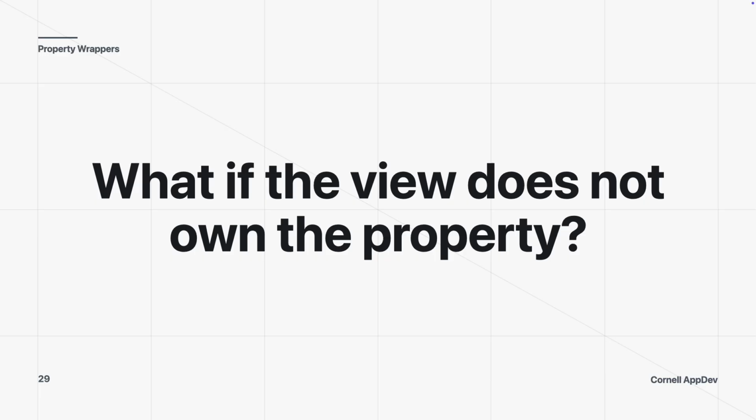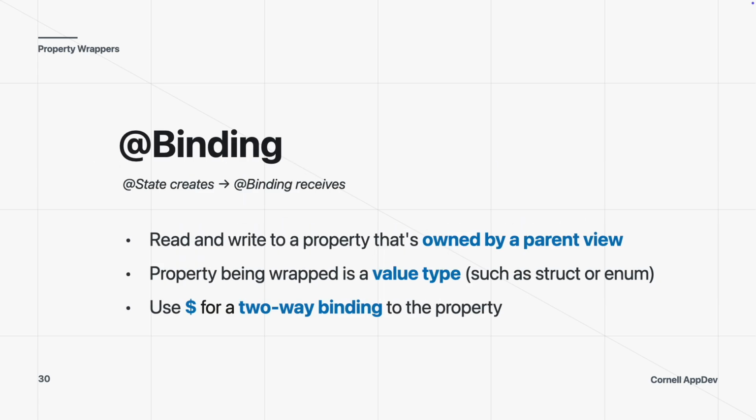Okay, so now we have maybe a different problem. What if we have a view that doesn't own a property that we want to reference? We can introduce a new property wrapper, @Binding. It's kind of similar to inheritance, which is what helps me think about it.